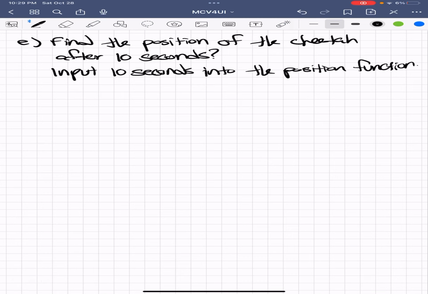So find the position of the cheetah after 10 seconds. Input 10 seconds into the position function. So we have another time, and we're going to find another position of the cheetah, or where the cheetah is after 10 seconds. So we have the position function.